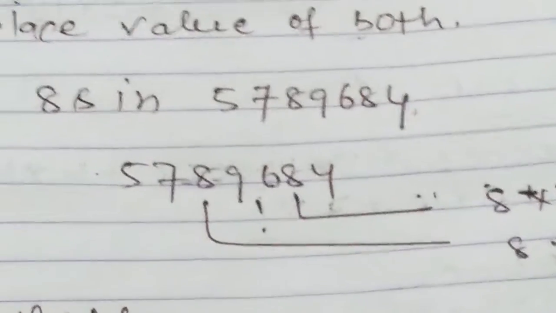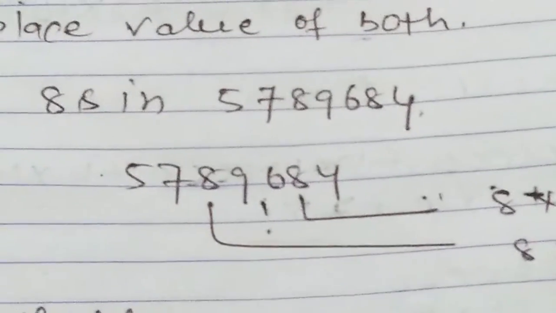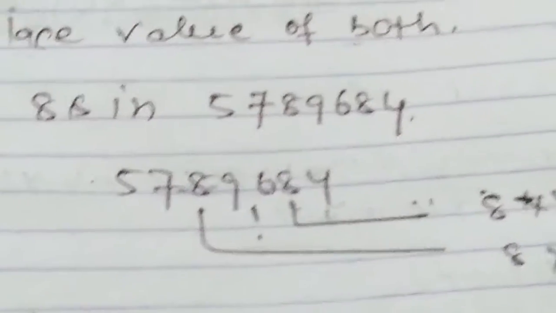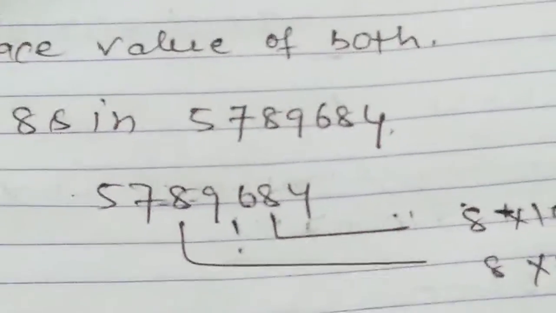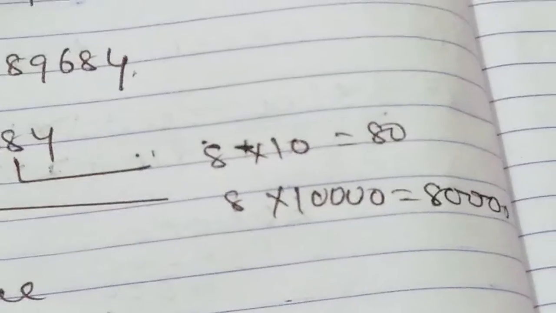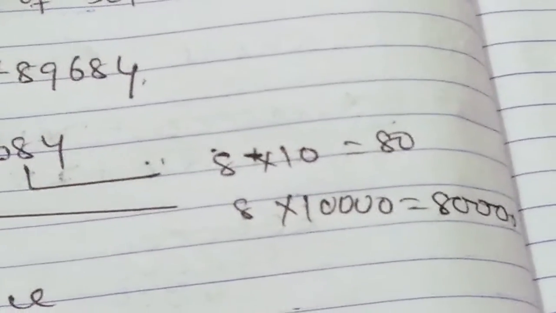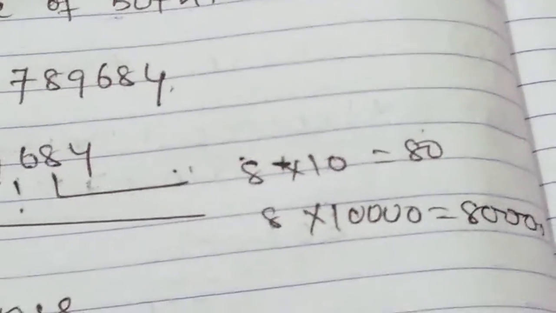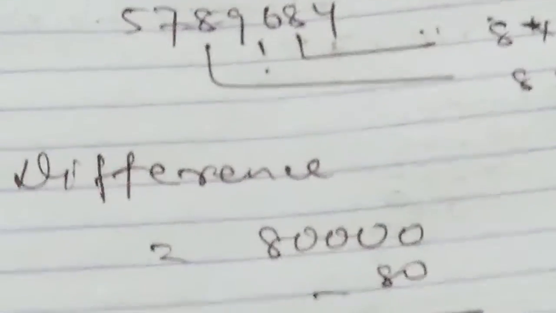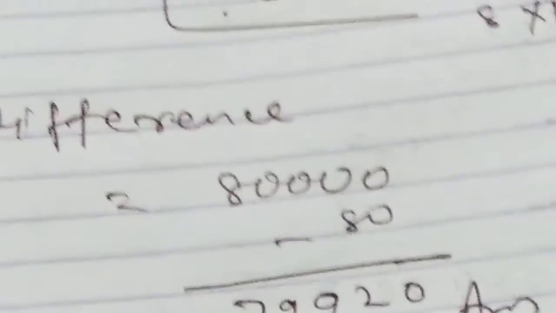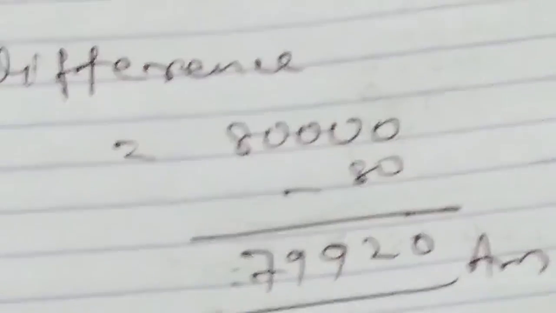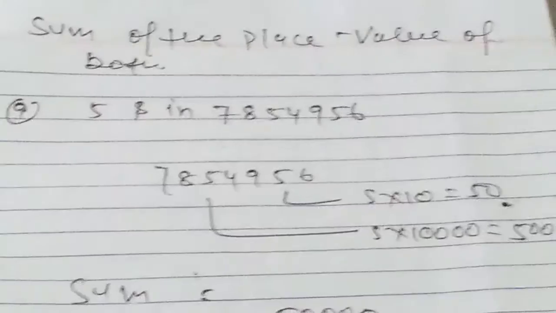First we have to write the number, and one by one find the value of both 8s. 8 is at the place of tens and 8 at the place of 10,000s. So 8 into 10 equal to 80, and 8 into 10,000 equal to 80,000. At last we have to find the difference, which means subtract. 80,000 will be above and 80 just below, and the difference is 79,920. So its answer is like this.